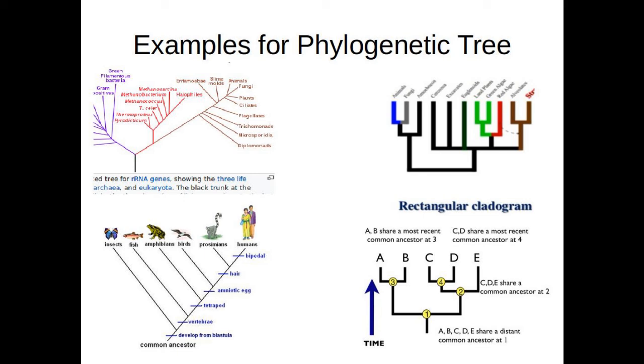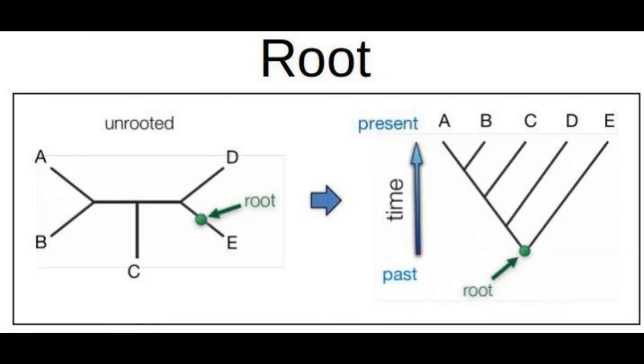By drawing phylogenetic trees, we try to identify which are the closely related organisms or which are the most distantly related organism during the evolution. So as you know, phylogenetic trees can be divided into two, rooted and unrooted phylogenetic tree.